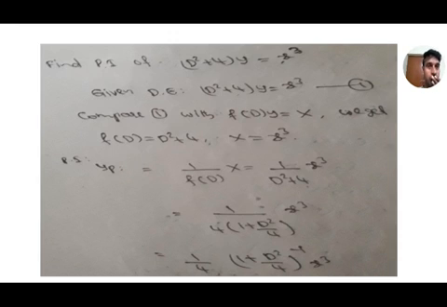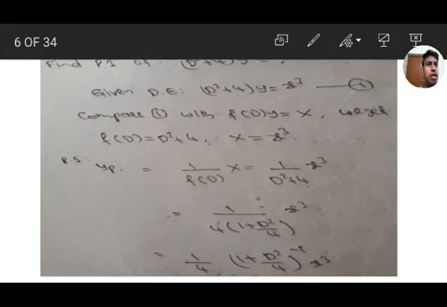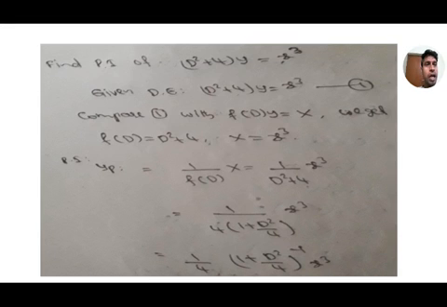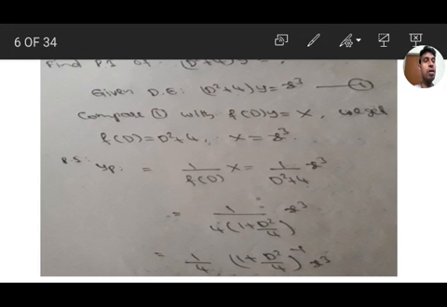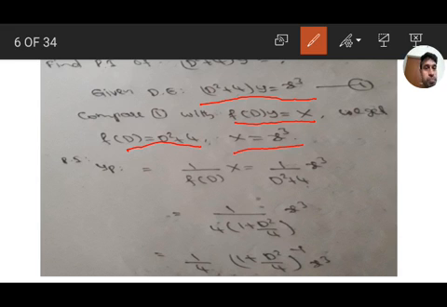First problem. Find the particular integral of (d² + 4)y = x³. So given the differential equation (d² + 4)y = x³, compare the given equation with f(d)y = X. We get f(d) = d² + 4 and capital X = x³.